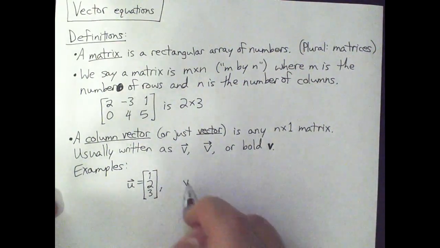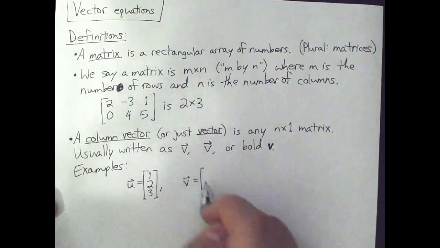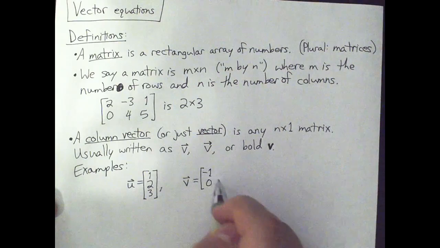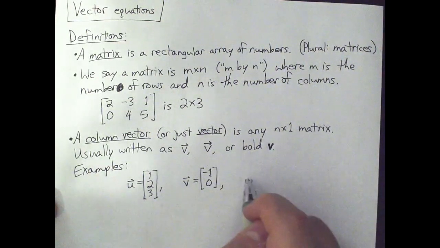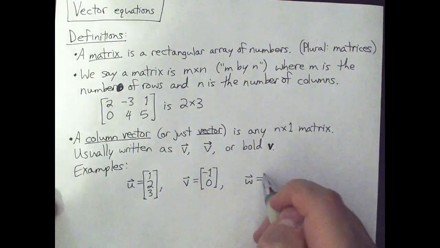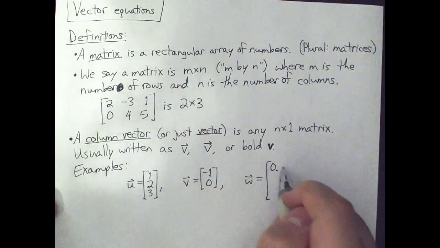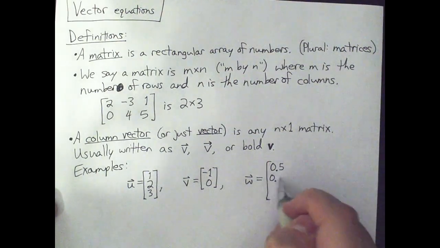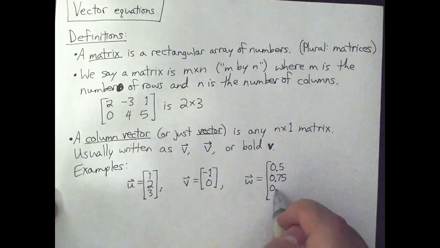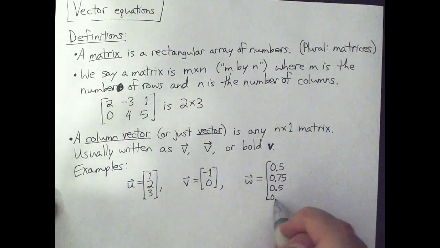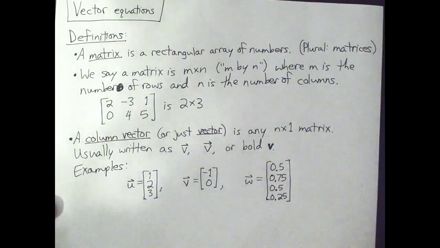The next one I'm going to call v, and this will be -1 and then 0. And the last one I'm going to call w. This one is going to have some decimals in it. Let's have 0.5, 0.75, 0.5, 0.25. Whatever. It's just a matrix with one column only.